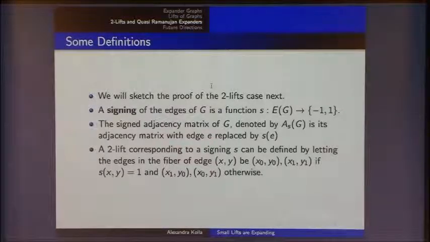Well, take a signing, and let's say the sign of edge xy was 1. Then I put the identity permutation as a matching between the fiber of x and the fiber of y. And if the sign of edge xy would be minus 1, then I would put the cross permutation. So maybe let me draw that.